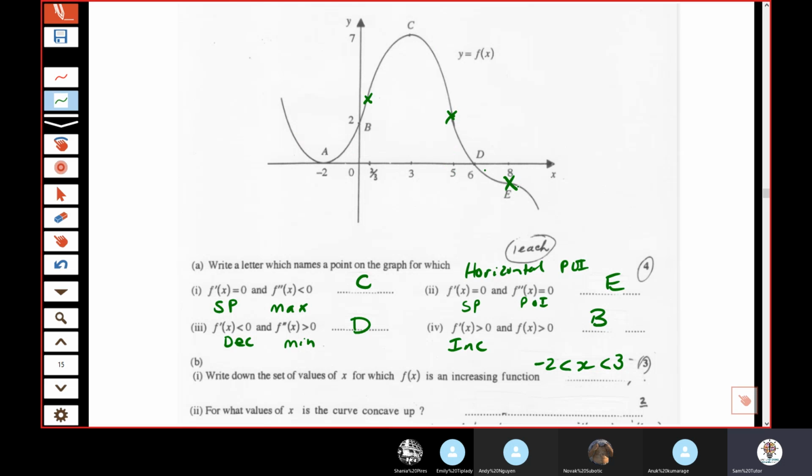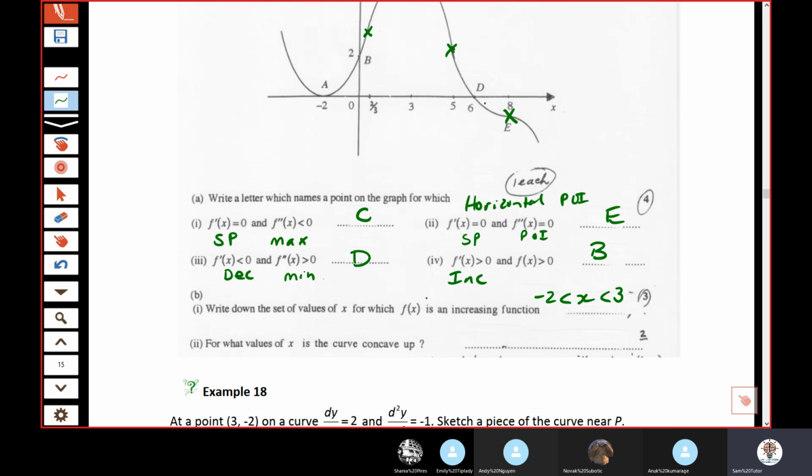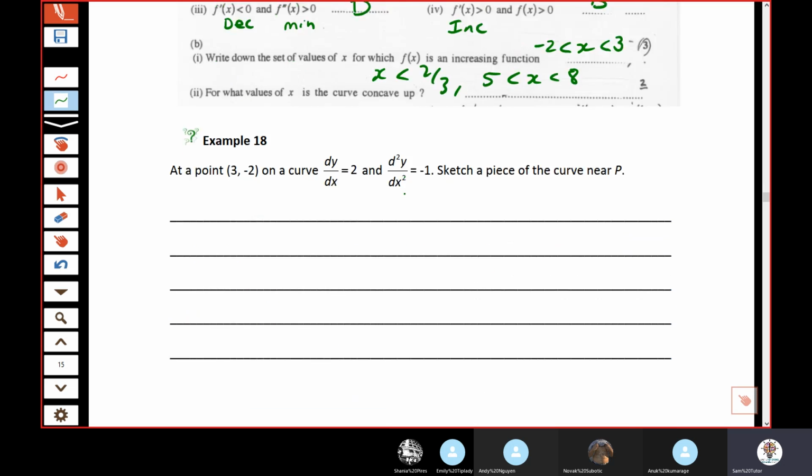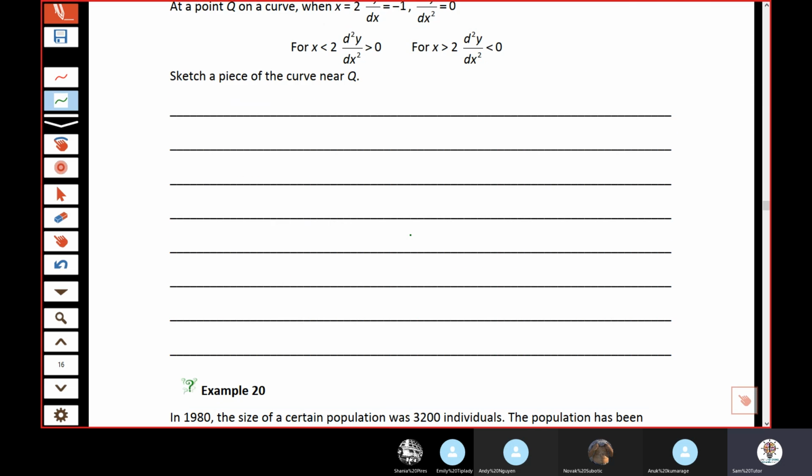So it's x less than 2/3 and between 5 and 8. Easy? Done. All right.